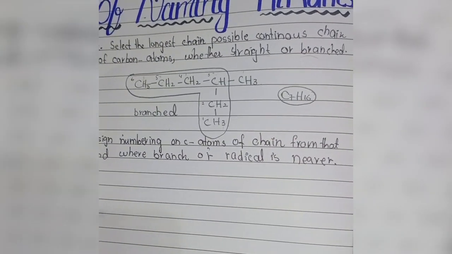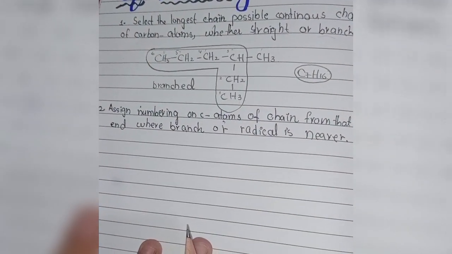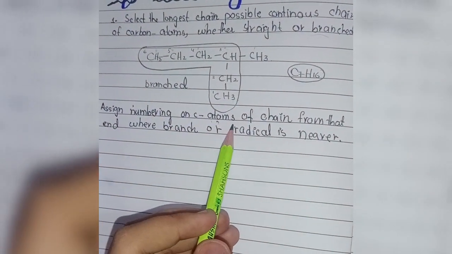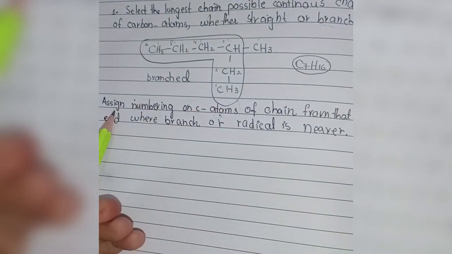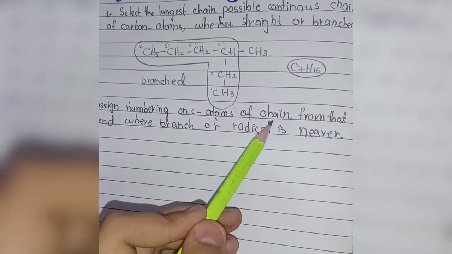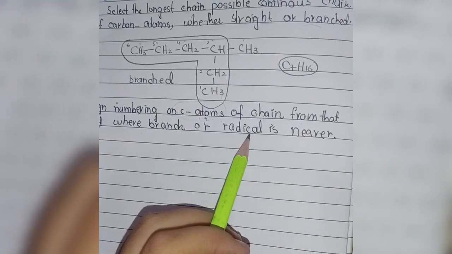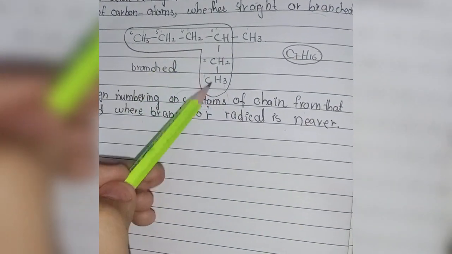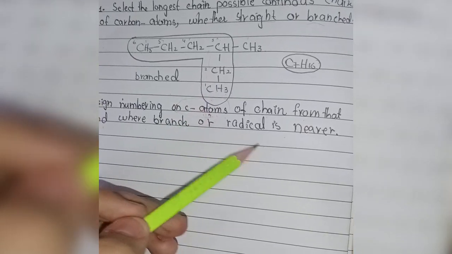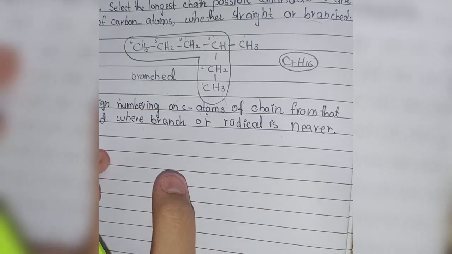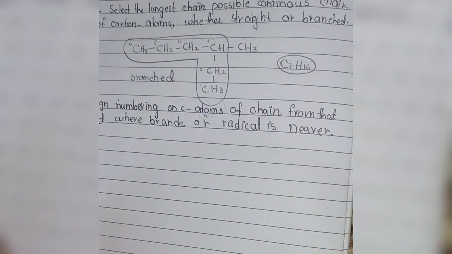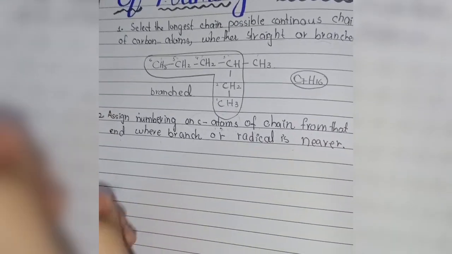So here, assign numbering on the C atoms, means carbon atoms. Put the numbering on the carbon atoms of the chain from the end where the branch or radical is nearer, and we have to assign the numbering from where the radical is nearer. So let's take the example of hexane.